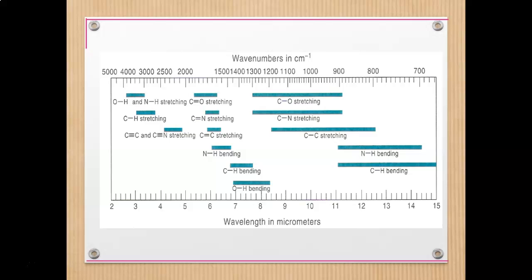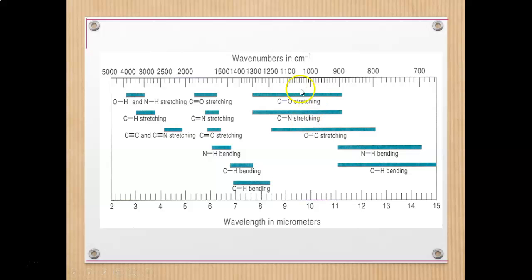As we can see, no two molecules will give exactly the same IR spectrum. We can see that the OH or hydroxy group has its own specific region, which lies between 3000 and 4000 for OH. NH stretching lies between 3000 to 2000 something.